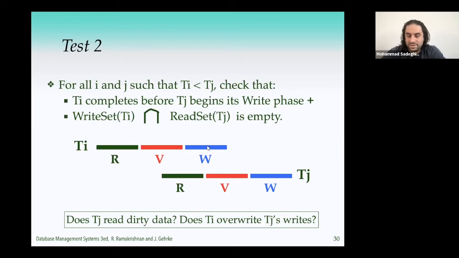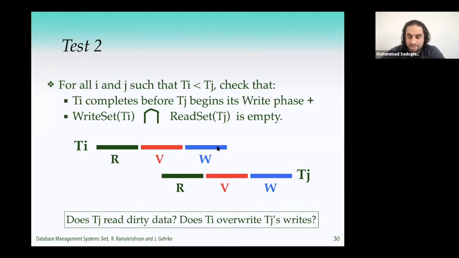There's no conflict, so this is trivially satisfied. Let's make it even simpler: what Ti is writes has no overlap with what Tj is reading, so it's trivially satisfied.